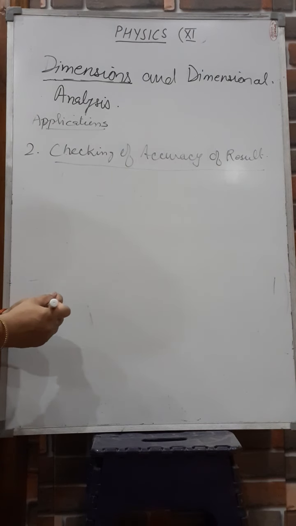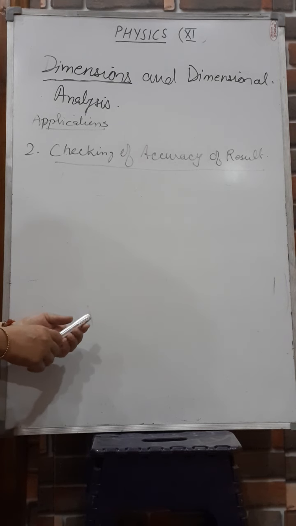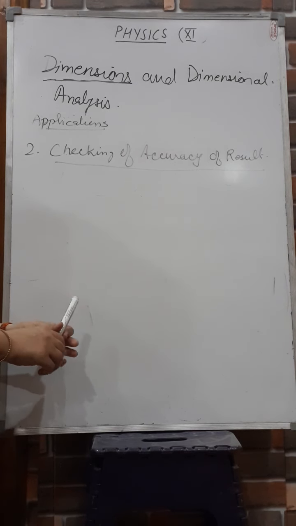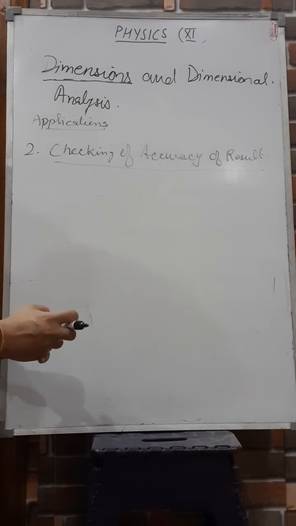Again we will use the dimensions. For checking the accuracy of the result, we use the principle of homogeneity. That means the dimensions of the left hand side should always be equal to the dimensions of the right hand side.